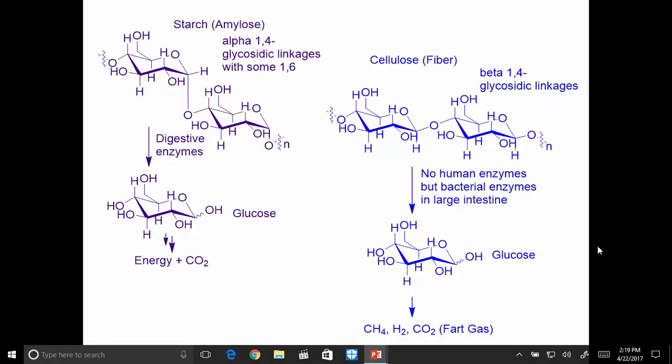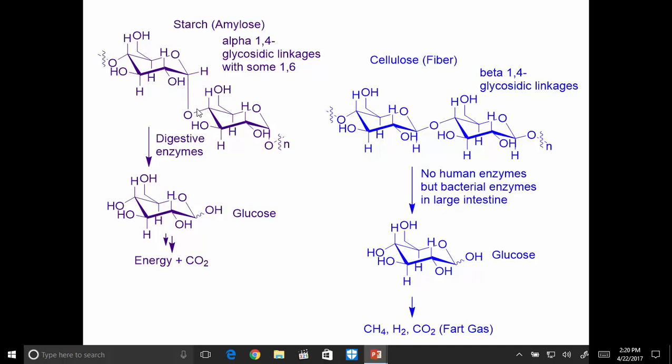Okay, all right, so let's look at polysaccharides now. Starch, or amylose, is really just a mixture. It's basically like maltose. It's a polymer of glucose with mostly 1,4-glycosidic linkages with a few 1,6-glycosidic linkages.